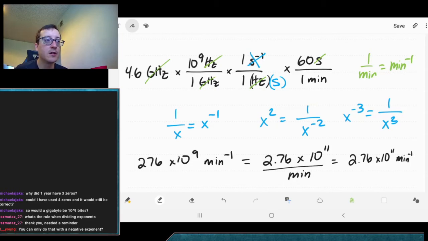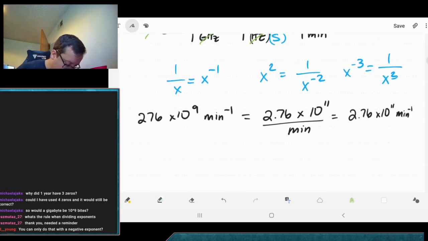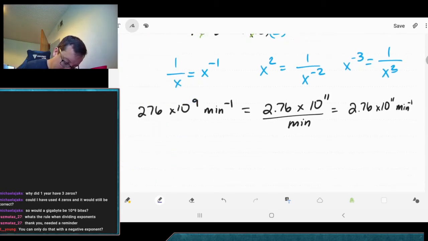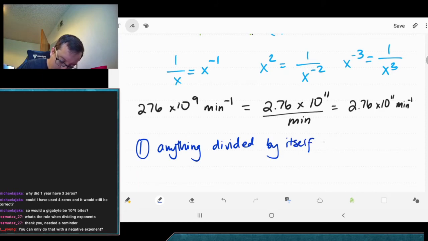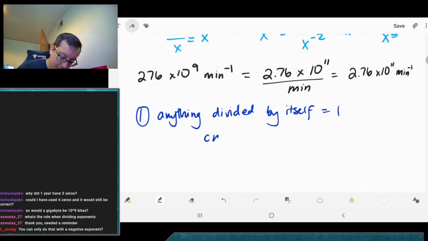So here, we can do a little bit of a summary. Fraction rules. Anything divided by itself equals 1. Right? So, for example, centimeters over centimeters, they just cancel out.